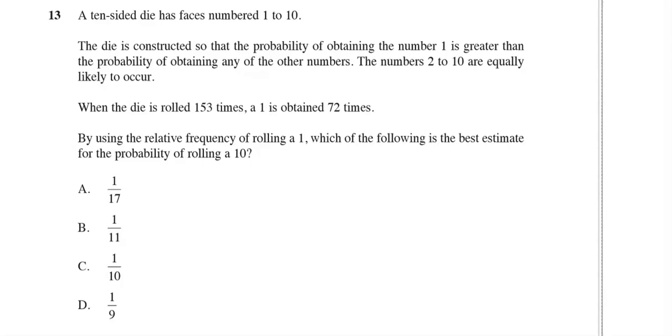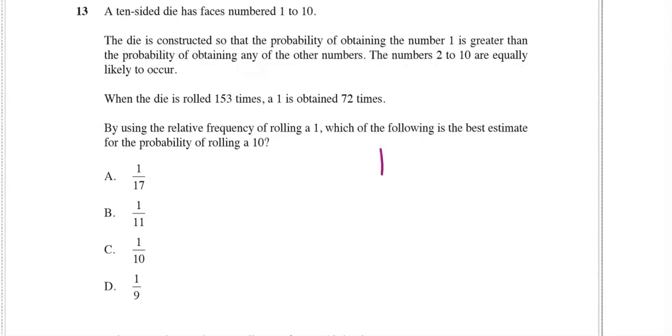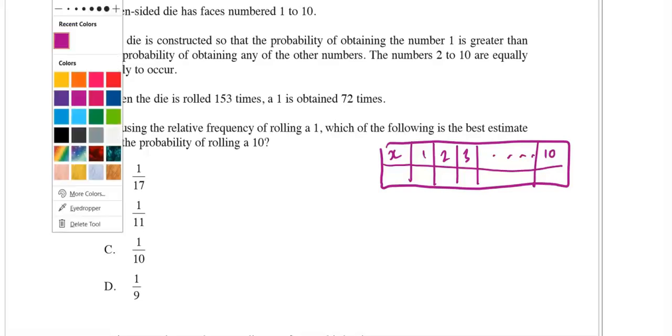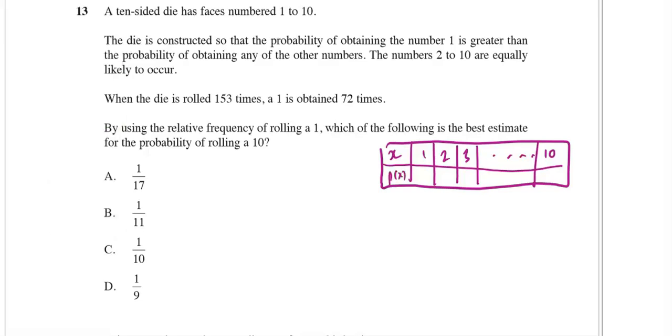Okay, so conceptually, we've got numbers that are possible from 1 to 10. 1, 2, 3, all the way up to 10. We know that the probability of obtaining a 1, call that Q, we call all these other ones P. We know that Q equals 72 over 153.